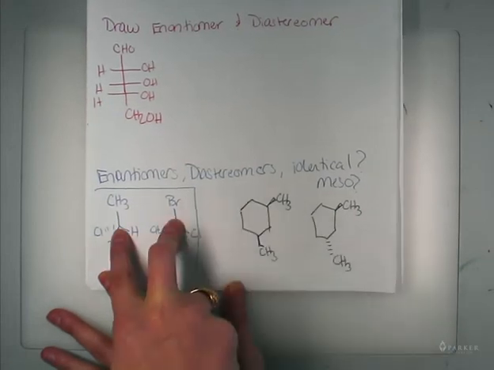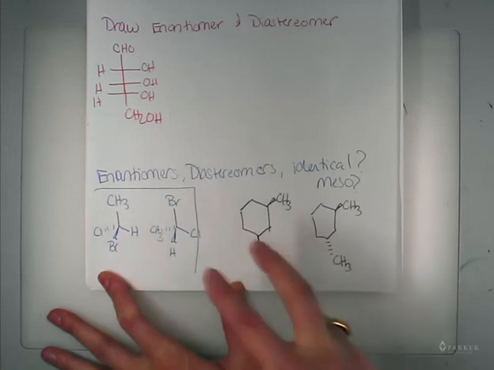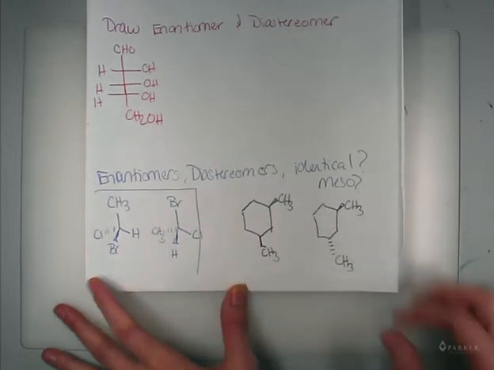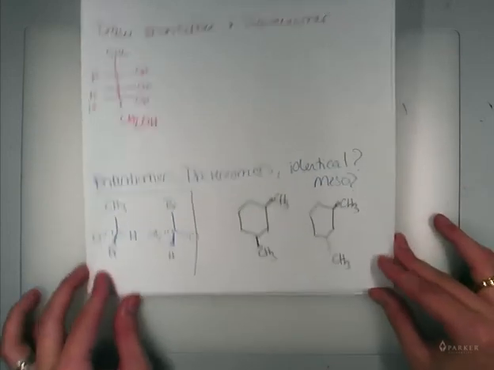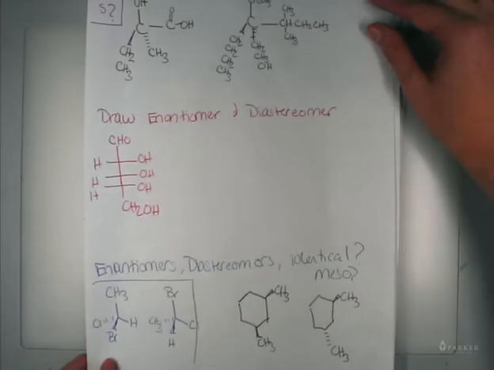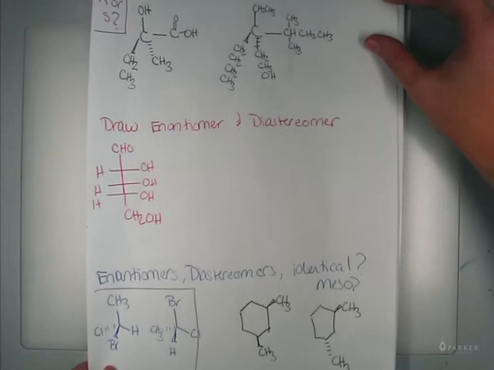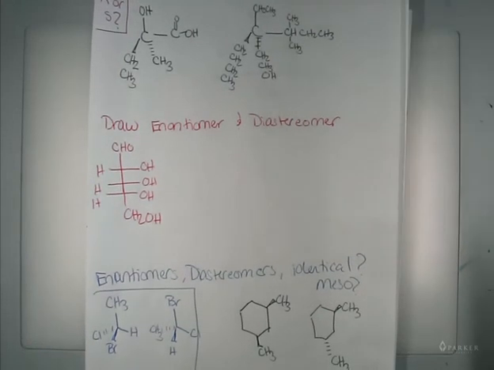Tell me if those pairs are enantiomers, if they're diastereomers, identical, and then in addition, are they meso? Can you see all of them now? So work for a few minutes together, and then we'll check them.